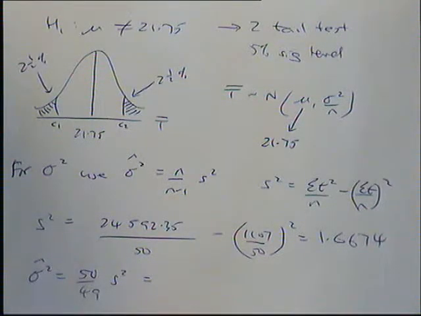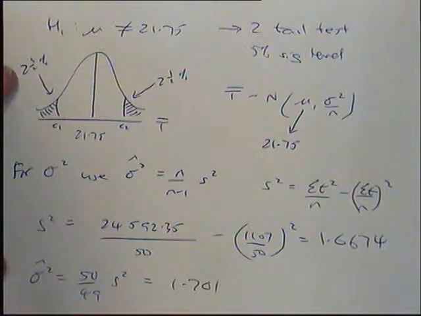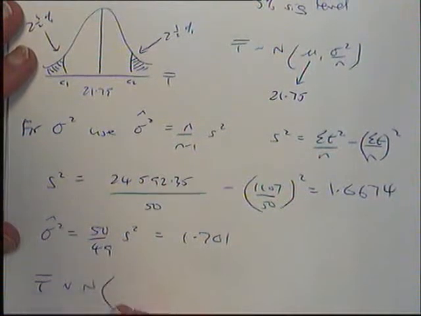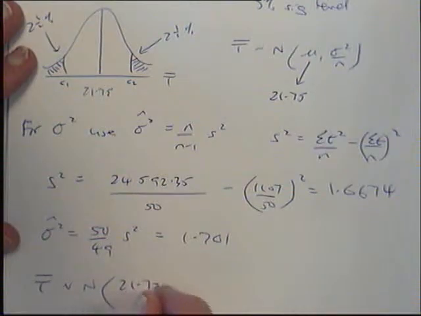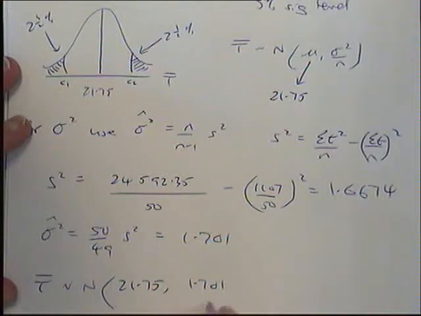Has anybody got a sigma squared hat value? 1.701 is what I've got here. So T bar will be distributed, as we said over here, normally, with mean mu, which they told us, and variance sigma squared hat over n.